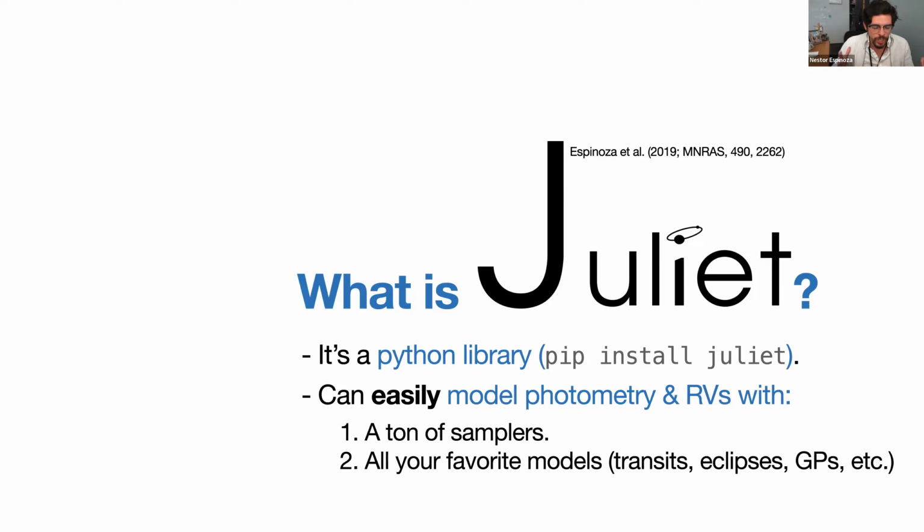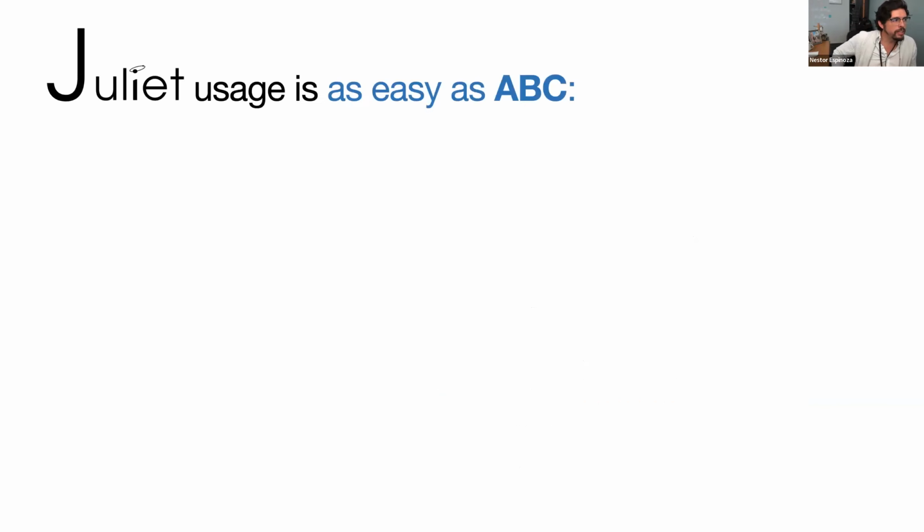There's a ton of modeling that you can do with this, and we have coded it in such a way that we hope it's intuitive. It can be included into your own pipeline, so that's why it's a library. The idea is that it forms part of your day-to-day usage in exoplanet science. So using Juliet is as easy as ABC.